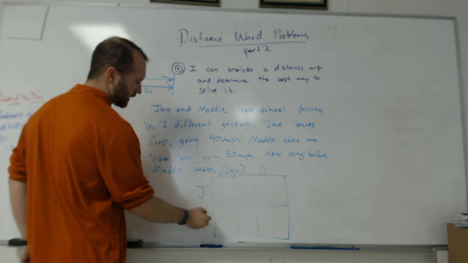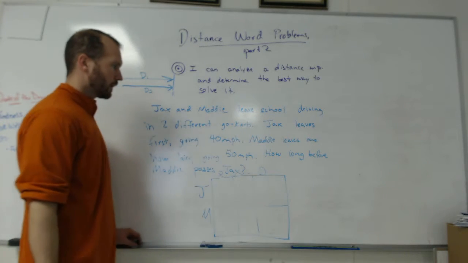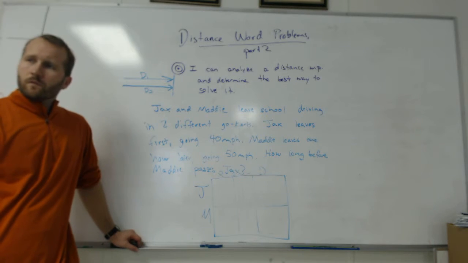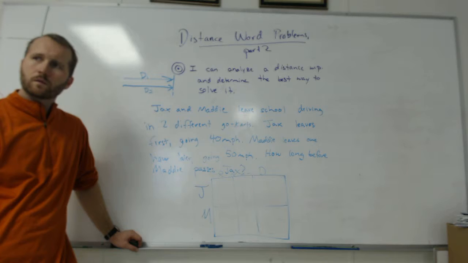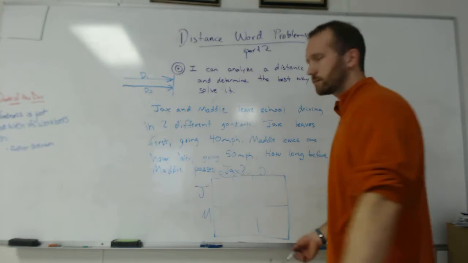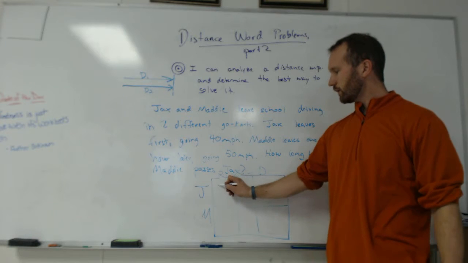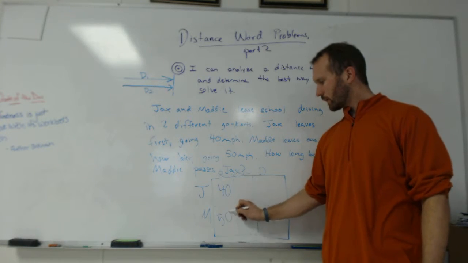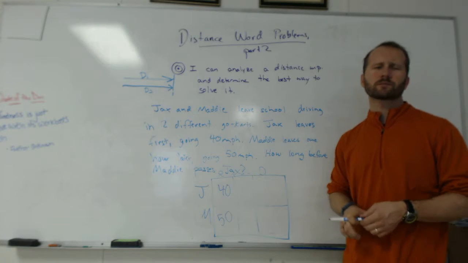We'll just use a J and Maddie down here. What can I fill in? You can fill in the rate. What could I fill in for the rate? 40 and 50. 40 here? Yeah. 50 here? What else can I fill in?